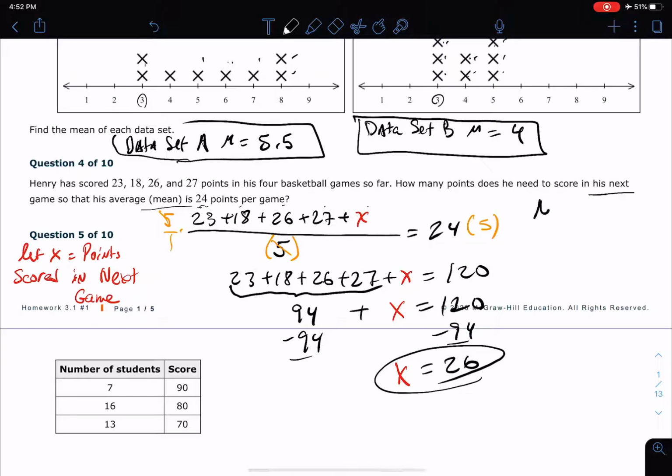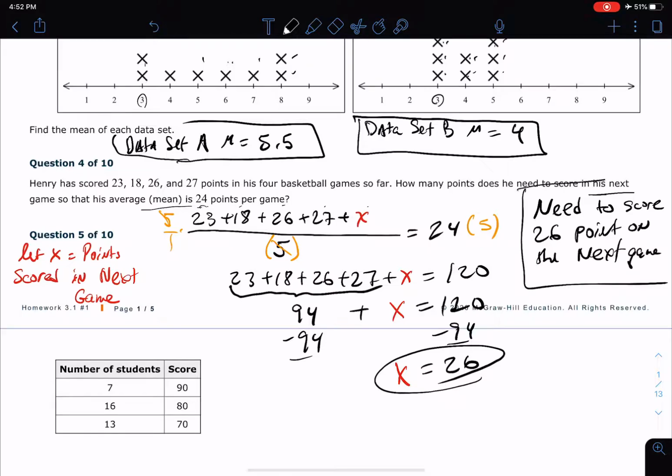Henry needs to score 26 points on the next game to get his desired mean of 24 points.